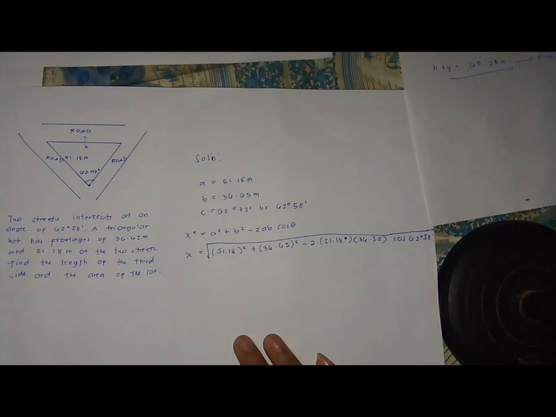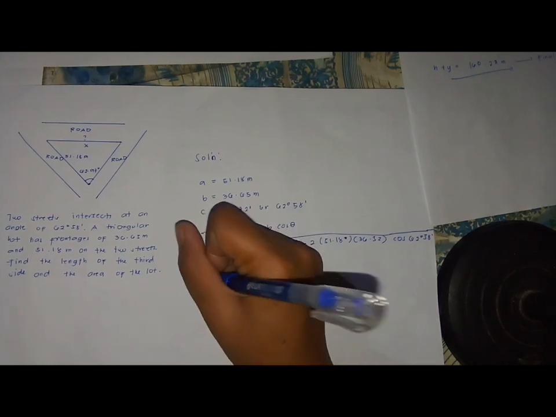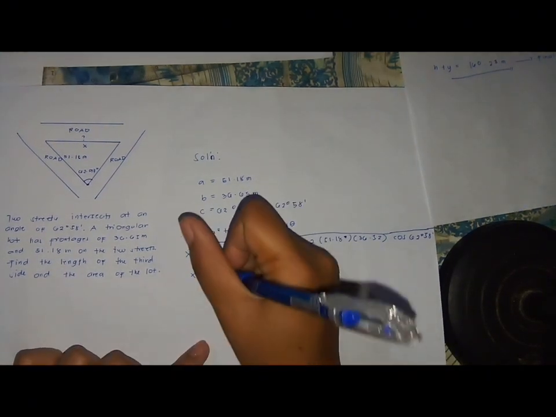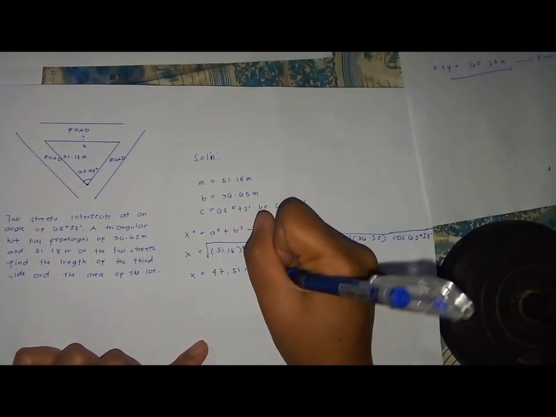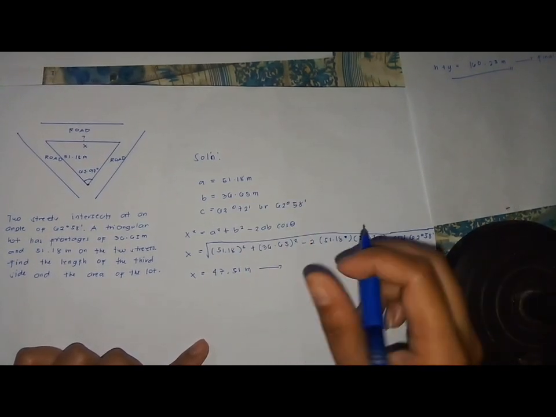So the answer is 47.51 meters. So this would be our third side.